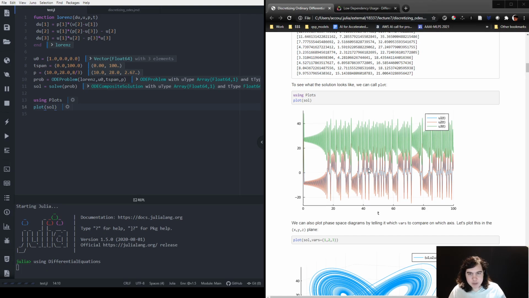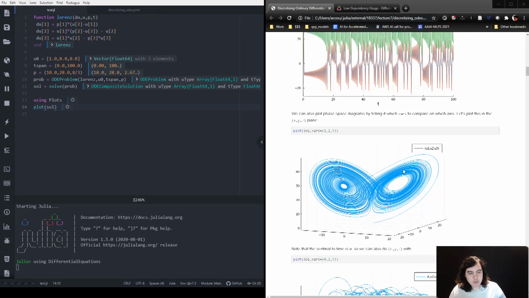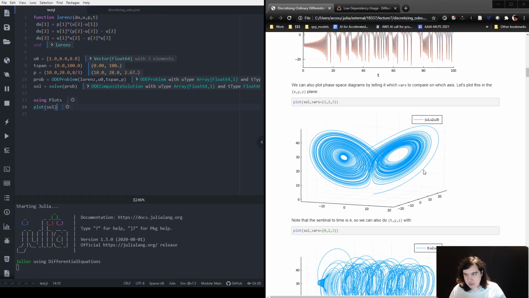It's kind of hard to understand what's going on. You plot the system variables x, y, z over time. So let's actually plot them as x, y, z itself. And what you see is the classic butterfly wing. This is actually known as the Lorenz attractor.